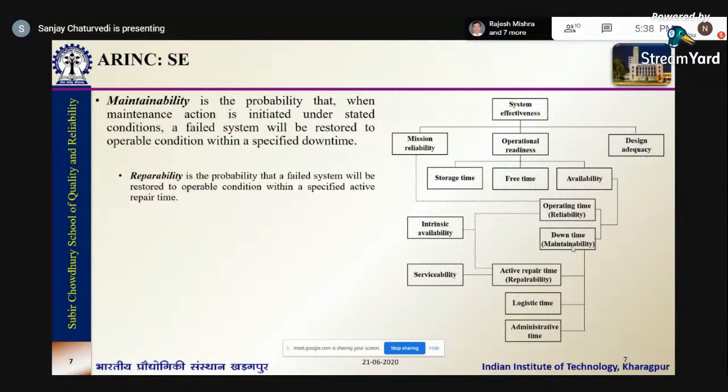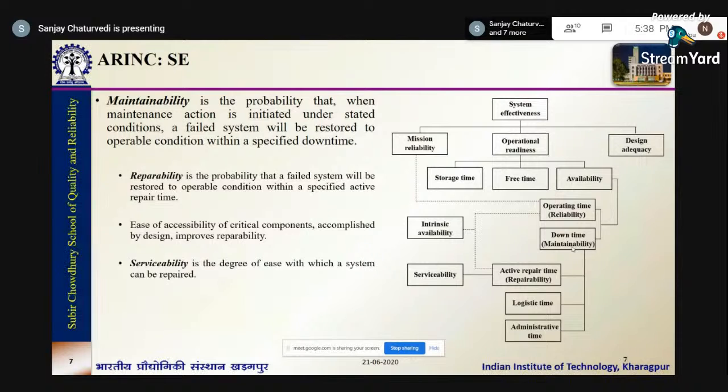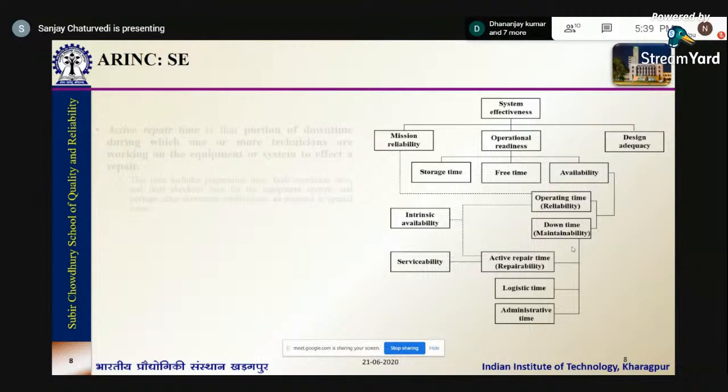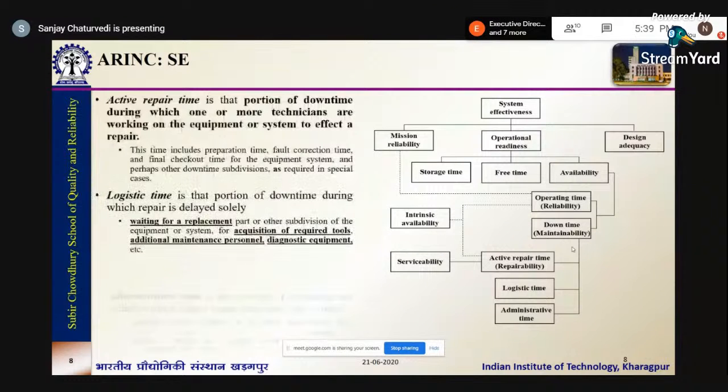I am not stating all these definitions, except that these are the major components, and these are the definitions which sometimes confuse the customer or the people who want to do a reliability study or any study related to reliability and availability. They confuse us with the various types of definitions.